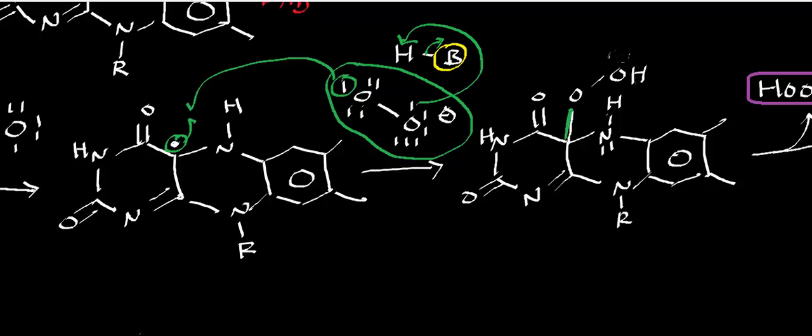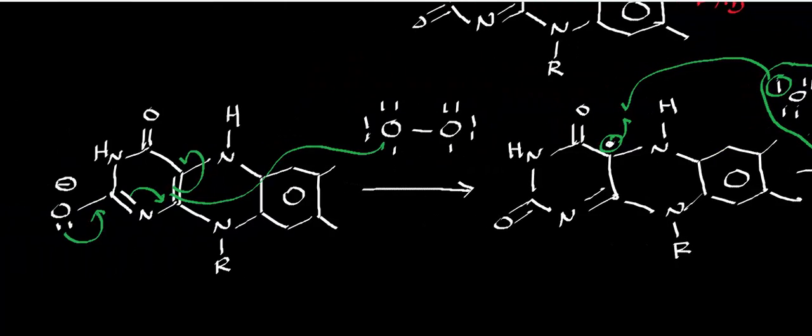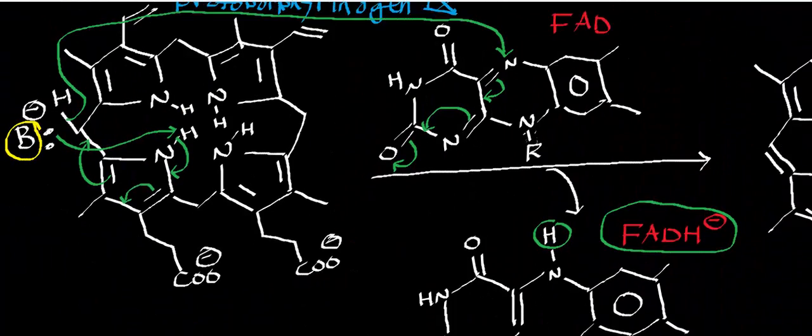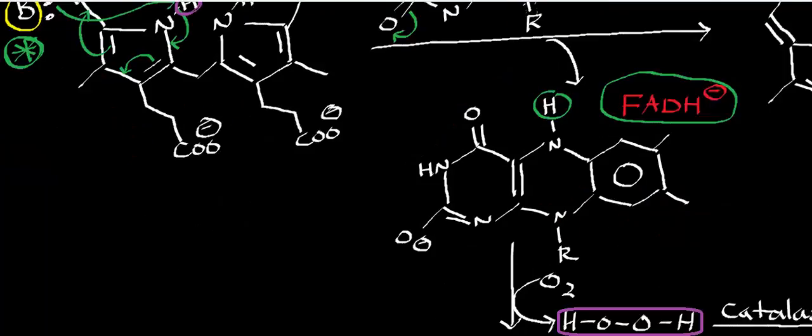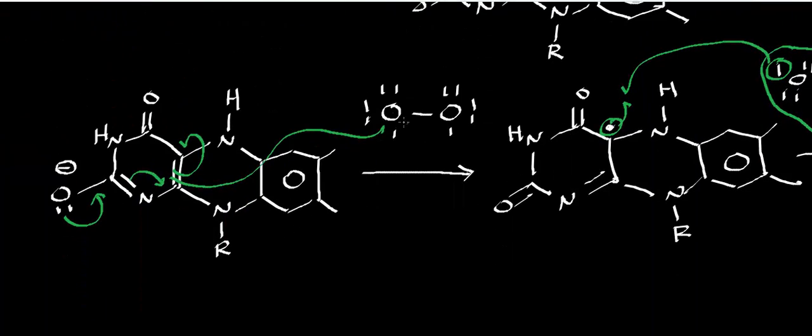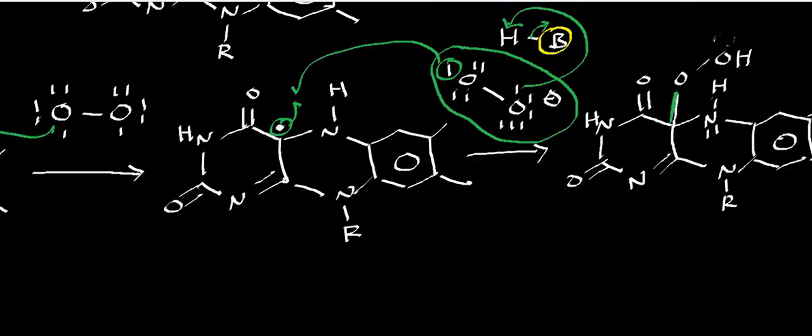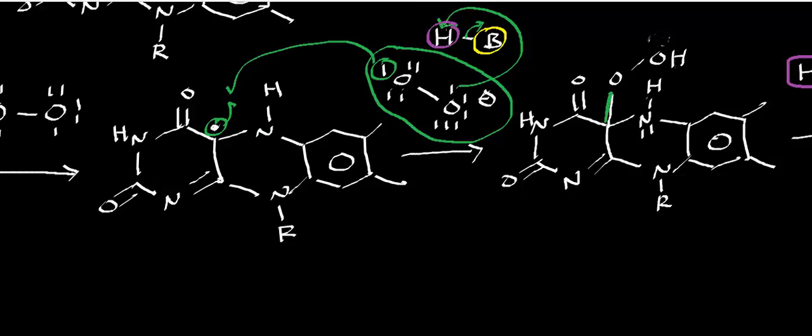And to be perfectly honest, that base is the same base that originally did the proton transfer on the protoporphyrinogen ring. Okay, so that's this proton right here, this one I'm going to circle in purple. If we come back to the picture, that is this proton right here. So that's the proton that was originally abstracted by the base.